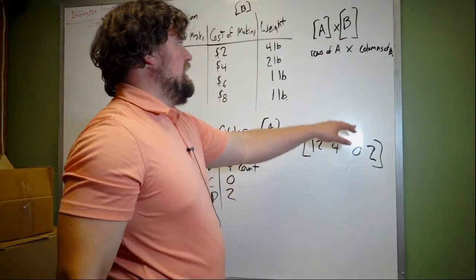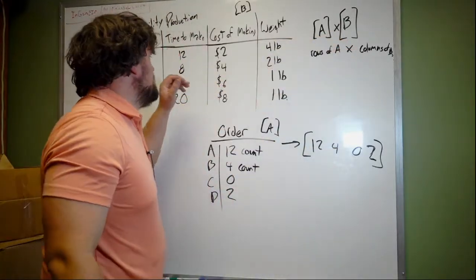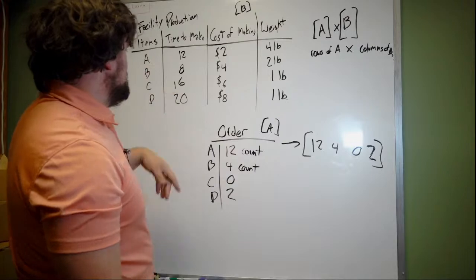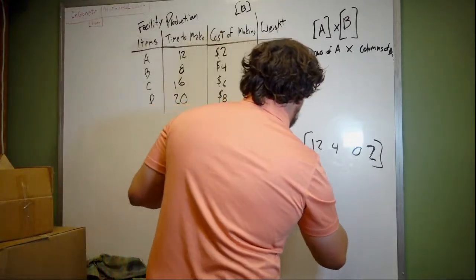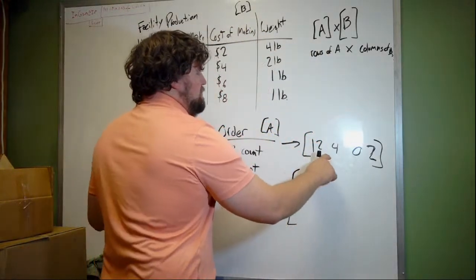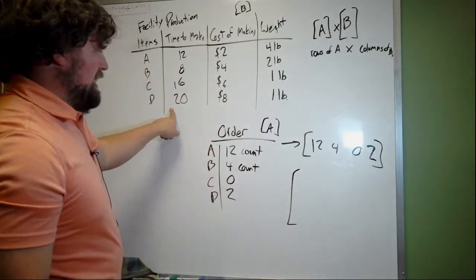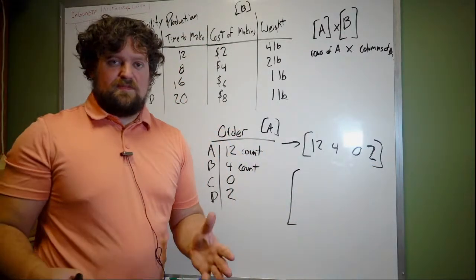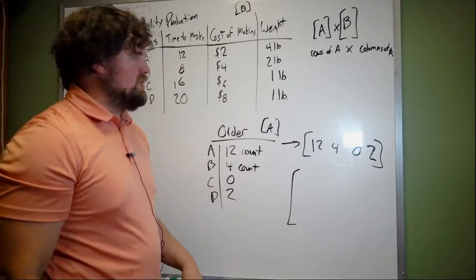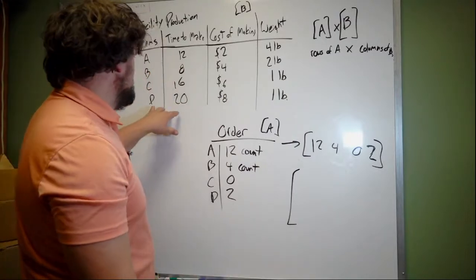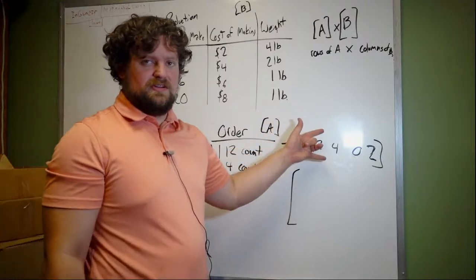When I multiply A by B, what I'm going to get is all of these values. So the resulting vector, A times B, I'm going to multiply each one of these values by these, and then sum them together. It's effectively a dot product between this column vector and this row vector.